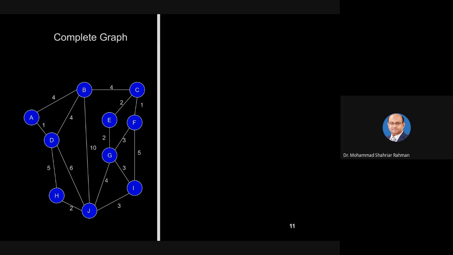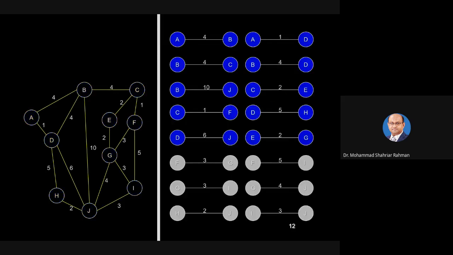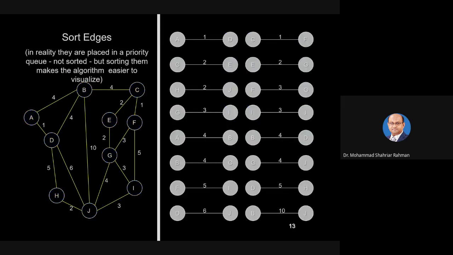So first what we do is, for the sake of convenience, we sort the edges. From the implementation perspective, you can use priority queue, but আমাদের এখানে visualize করার সুবিধার জন্য we are just sorting the edges according to their weight.